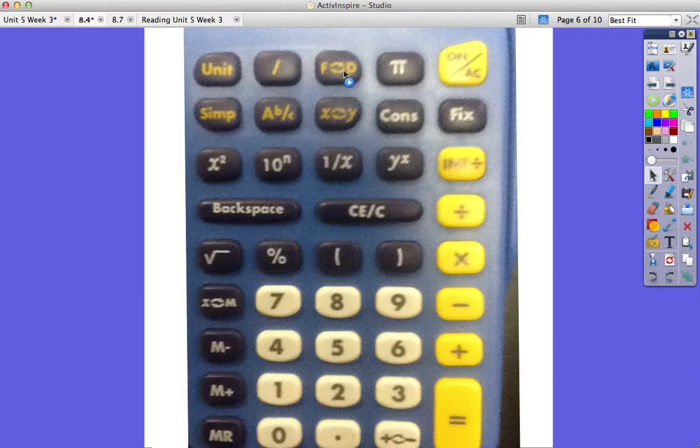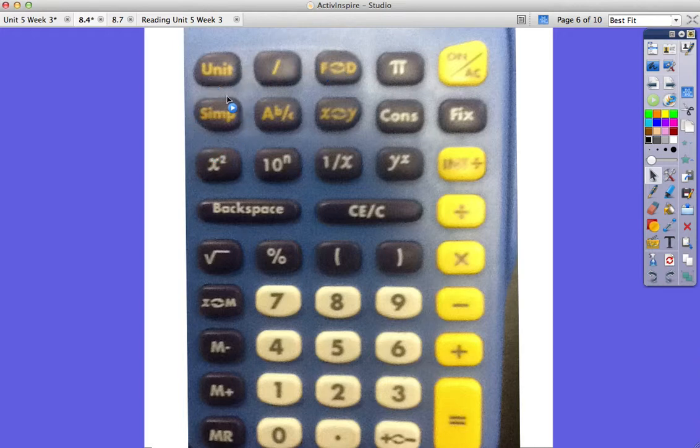So if I had the decimal 0.25, I hit this button, and it's going to show me that it is equal to 1/4. Some of you struggle to figure out what 0.1825 is equal to as a fraction. You can press in the decimal 1825, hit this button, and it'll tell you which fraction it is equal to.